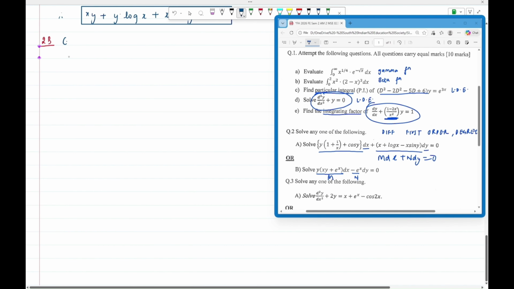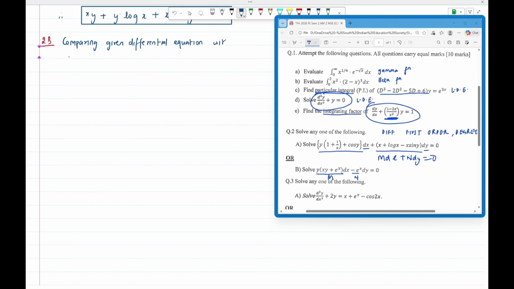So over here, comparing the given differential equation with M dx plus N dy equal to 0, we get the value of M is going to be y times (xy plus e raised to x), which we can simplify as xy squared plus e raised to x times y. And the value of N is going to be negative e raised to x.